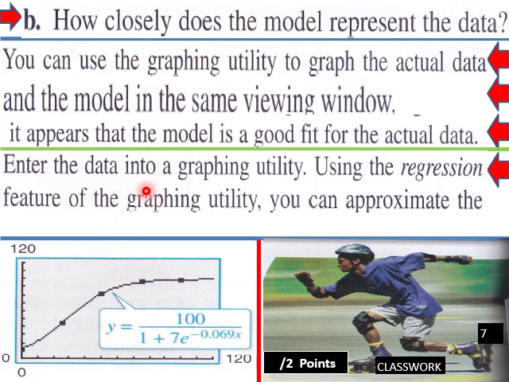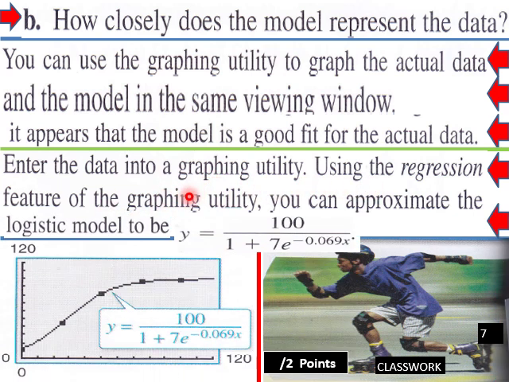Enter the data into a graphing calculator using the regression feature. You can approximate the logistic model to this right here. So again, by using the regression feature, it seems like it correlates with this model.